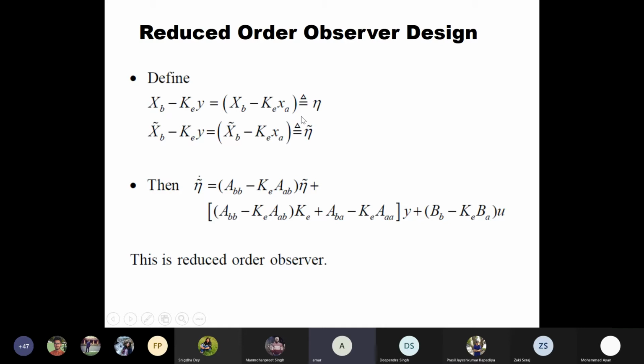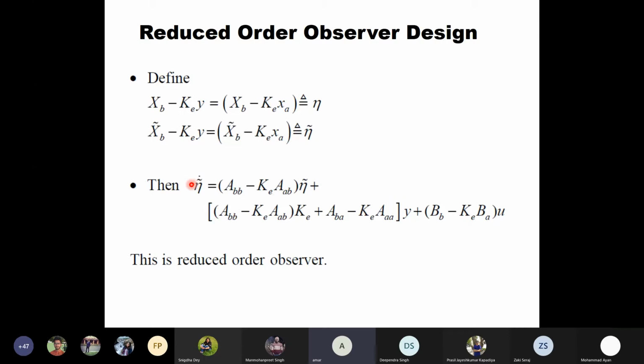And the observed state for eta is eta hat, which is x_b hat minus K_e y or K_e x_a. Since y is already measured, this is basically eta hat.